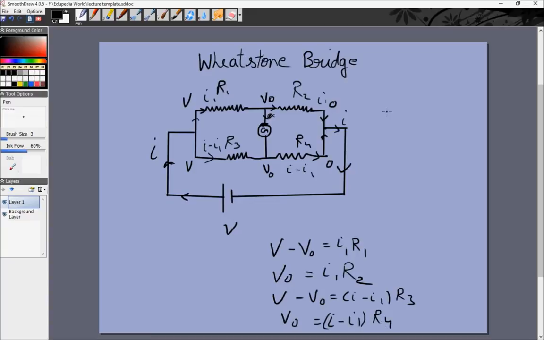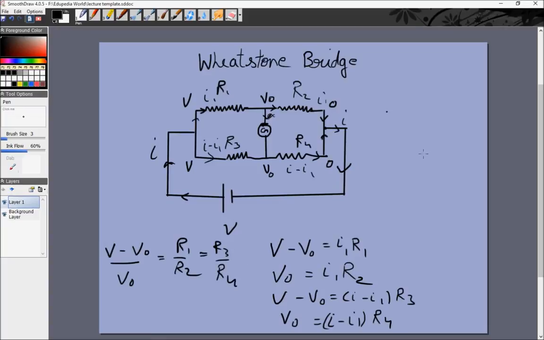Right? Now from this we'll just divide the first 2 and the second 2 equations. So what we'll get is V minus V0 by V0 is equal to R1 by R2 from the first 2 equations, and from the second 2, V minus V0 by V0 will be, I minus I1 will cancel, and it will be R3 by R4.